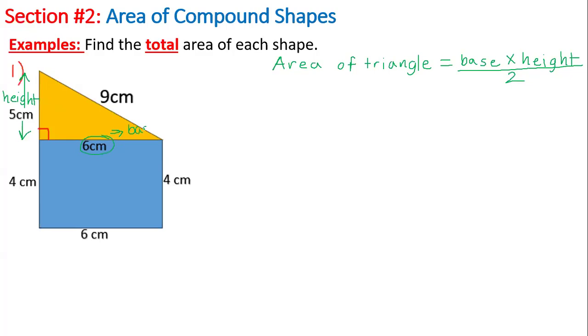So the height is 5 and the base is 6. Are we clear on that? Is everyone clear on that? That the height is 5 and the base is 6. Let me know if you're clear on that, please. Yes, sir. Who does not understand how we get that?